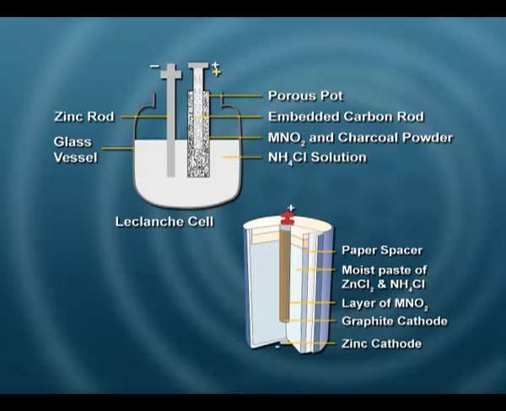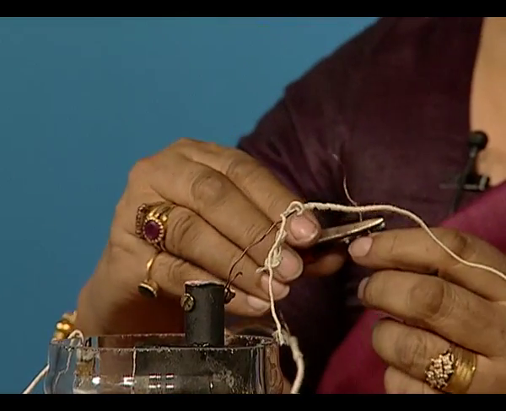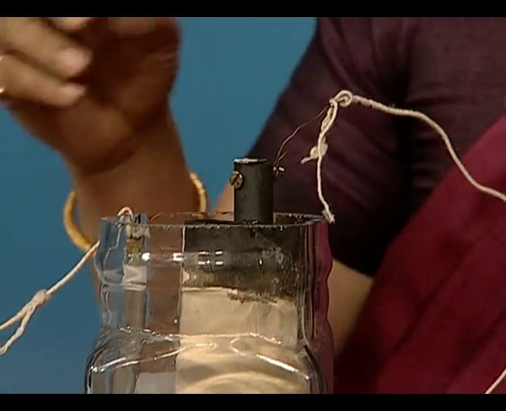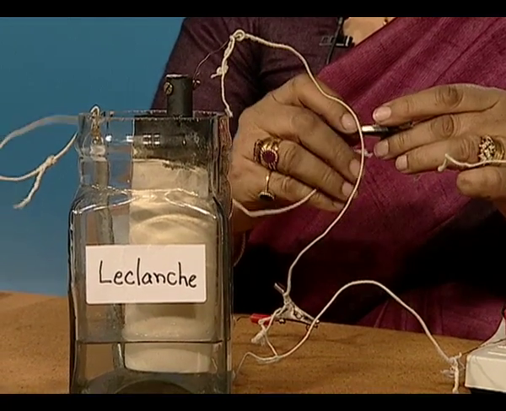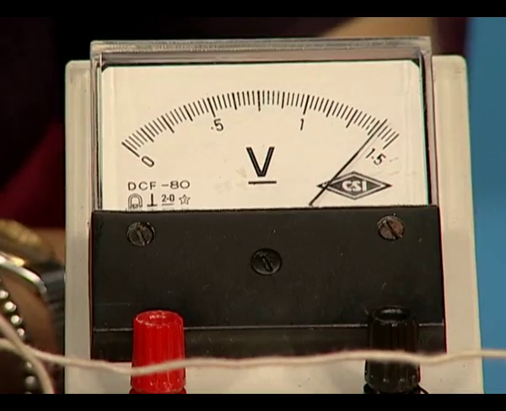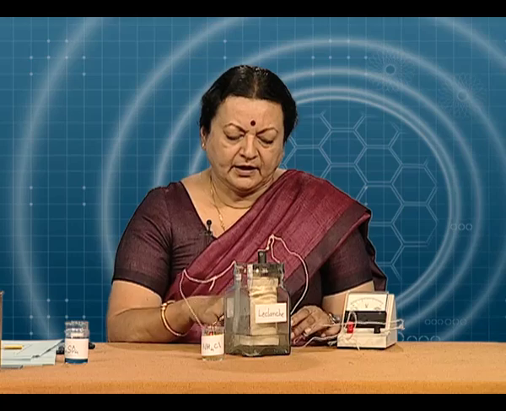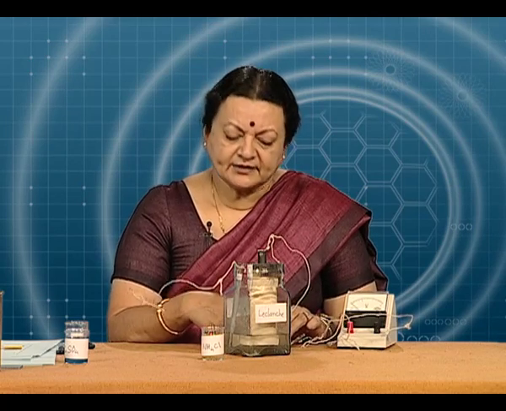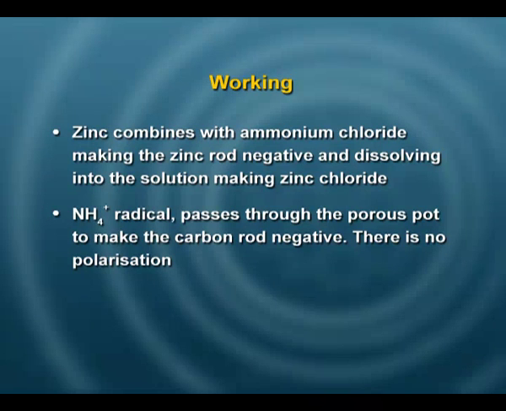I take one of the electrodes, connect it with the wire here, use my crocodile clip, and the other one to the other terminal. It gives a voltage of about 1.4 to 1.5 volts. The advantage of this cell is that it does not have an acid, there is no polarization, there is no collection anywhere.